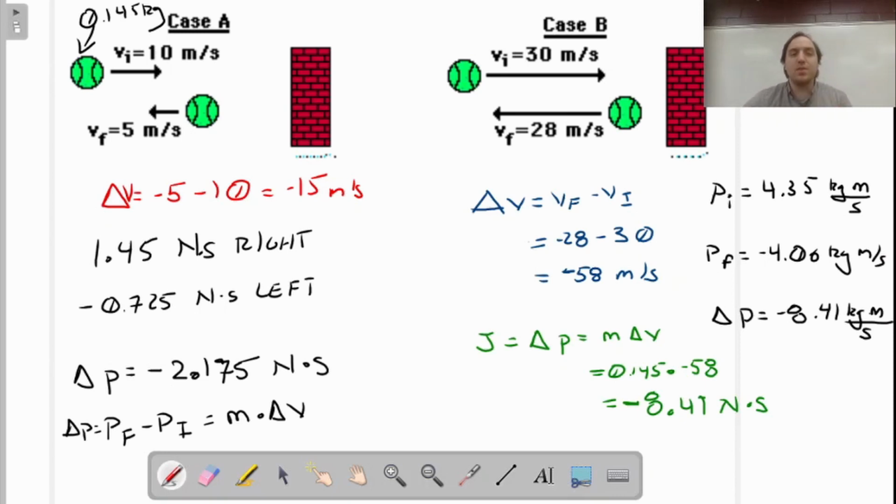Now, you'll notice that even though the speed change here is larger, the momentum change and the velocity change is much larger over here because of the direction shift. If this was going 30 right to 28 right, there would be a very small change. But because you're changing directions, the change in velocity is very large because direction matters, and your momentum change is also larger than you had over here.